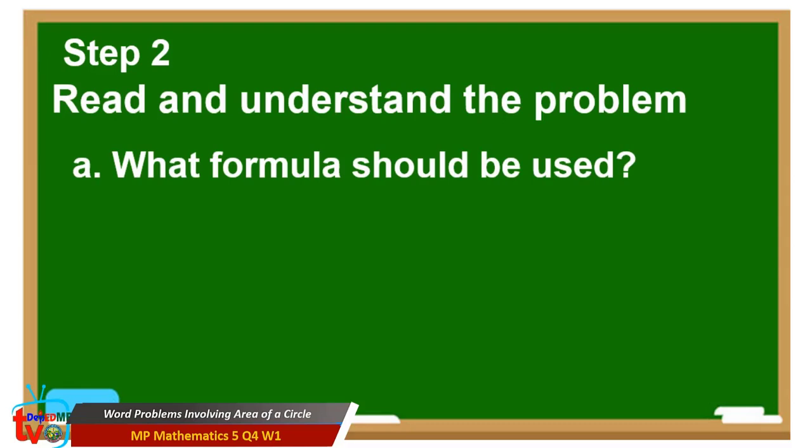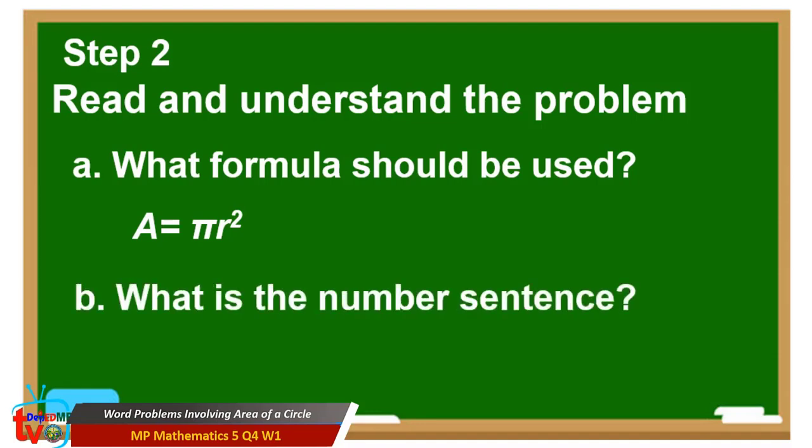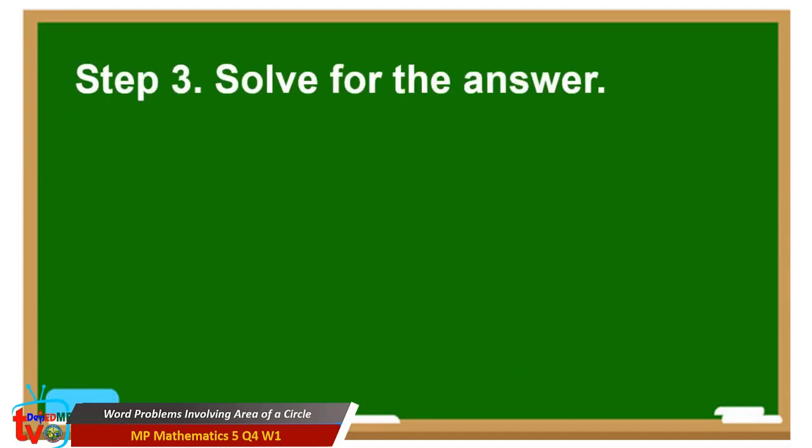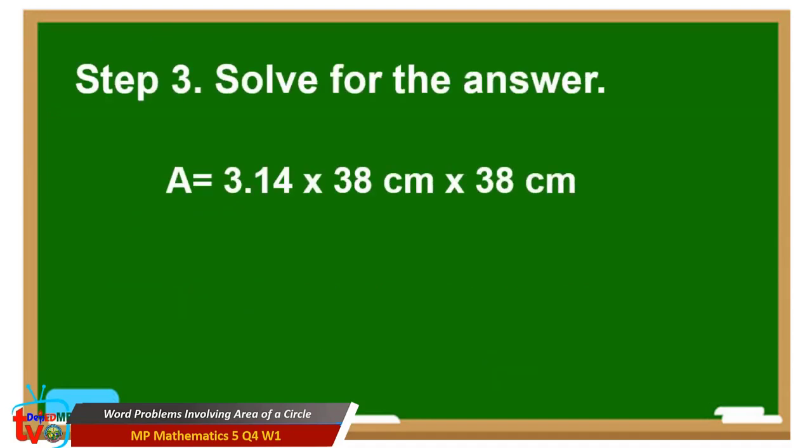What formula should be used? Area equals pi times square radius. What is the number sentence? Area equals 3 and 14 hundredths times 38 centimeters times 38 centimeters. Next is to solve the problem using our number sentence.